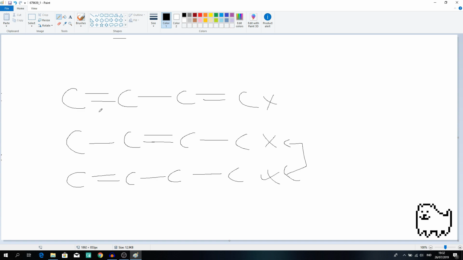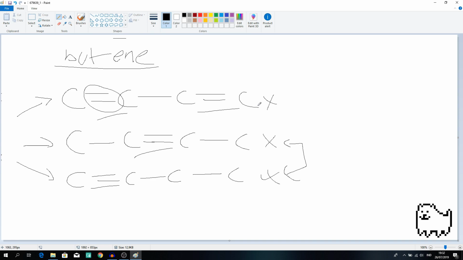But if we were to use the previous table, it wouldn't help to separately identify all these three, because 1, 2, 3, 4 carbons, so that's a but, and 1 double bond, which is an ene. So basically, if we were to use this system, all of these would be butene, but they're not all the same. So we also have to introduce a different set of rules if we want to overcome these difficulties.